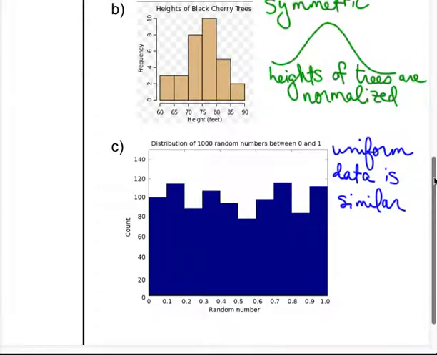They're still displaying intervals, and what it typically means is that it includes the left endpoint, but not the right, because you can't have the data value of 65 in two different bars. So in our first grouping here, it's actually the data from 60 to 64 feet. And then the second grouping would be from 65 to 69 feet. So it includes the left endpoint, but not the right, and the same for the bottom histogram.